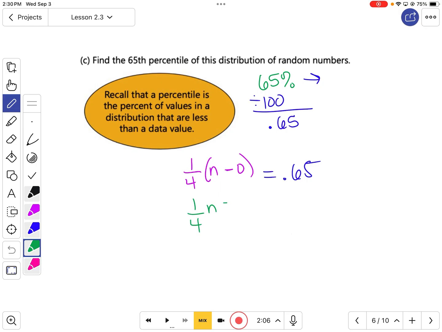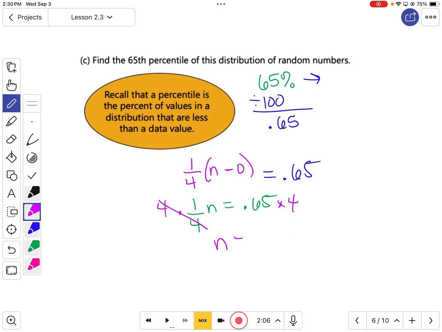So I have 1/4 of this number is 0.65. And as long as you start at 0, it's just going to be your height times the number. The only time it changes is if we don't start at 0, like when we were talking about the alarm clock when I started at -5. So that would look different. Now, to get my n by itself, I can take 0.65 and divide it by 1/4, or easier, I can just multiply by 4.